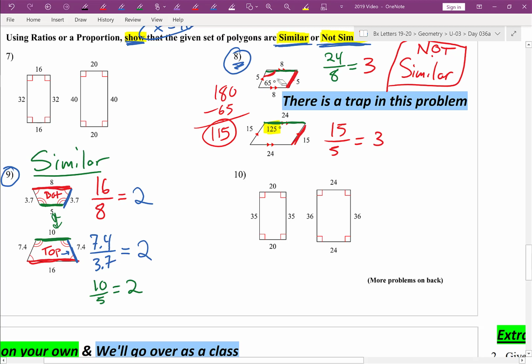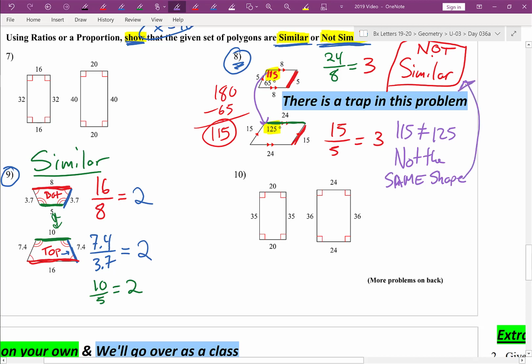And then when I compare that to the other shape, 115 is not the same as their given 125. So because 115 doesn't equal 125, that means they're not the same shape. And if they don't have that same shape property, then they can't be similar.